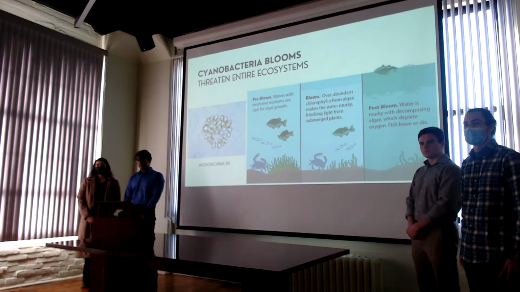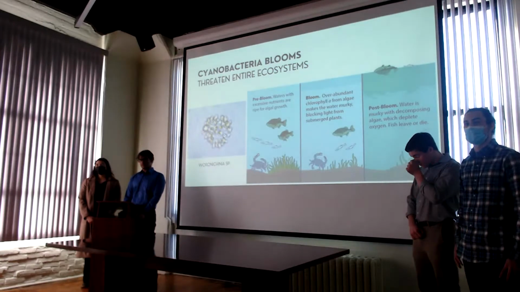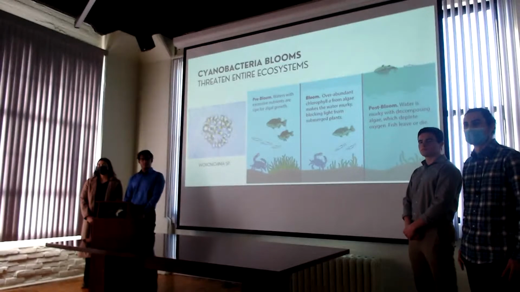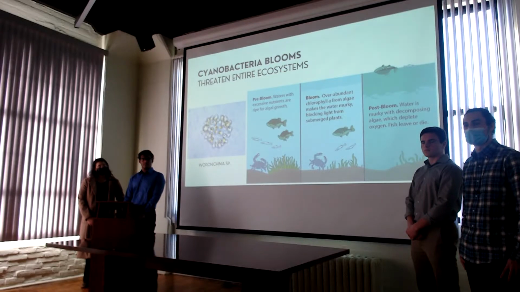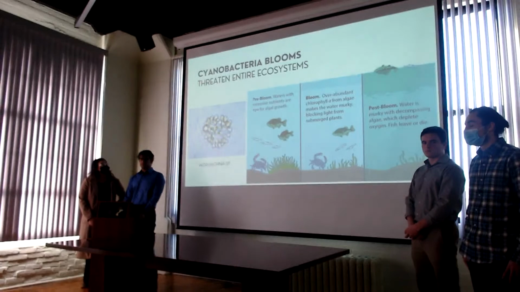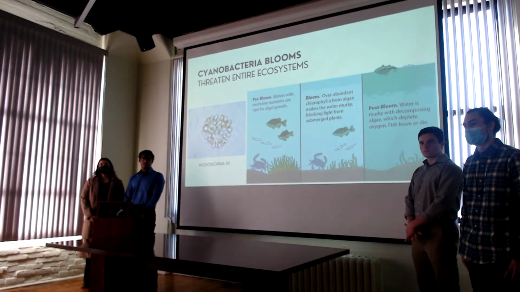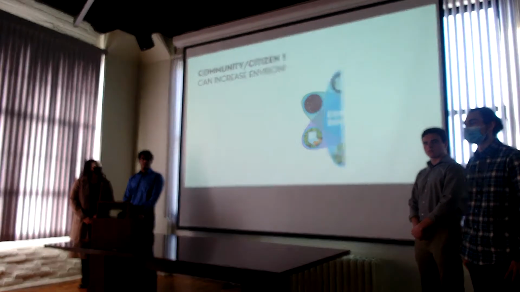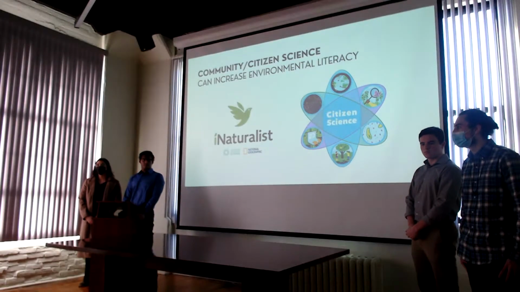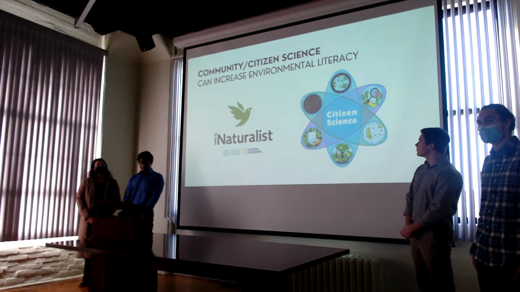And eventually so much cyanobacteria will grow that it will also die in exponential quantities, and then the process of decomposition will end up depleting the oxygen in the water and killing any type of aquatic life. Now, a lot of the triggers for cyanobacteria is human contamination. One way to mitigate the impact of human contamination is through community science.